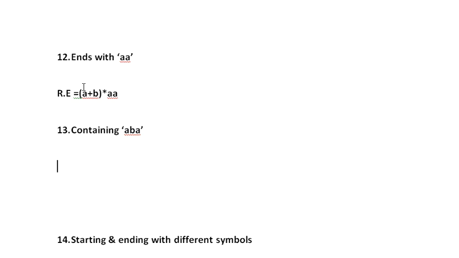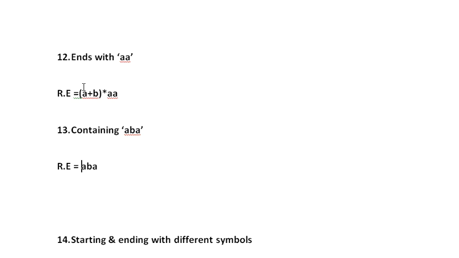So now the last one, the 13th, is containing ABA. ABA must be contained, correct? That means ABA should always be there, but there is no restriction for A and B before that or after that, correct?